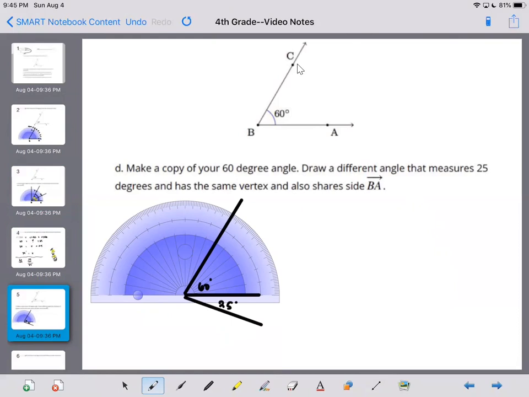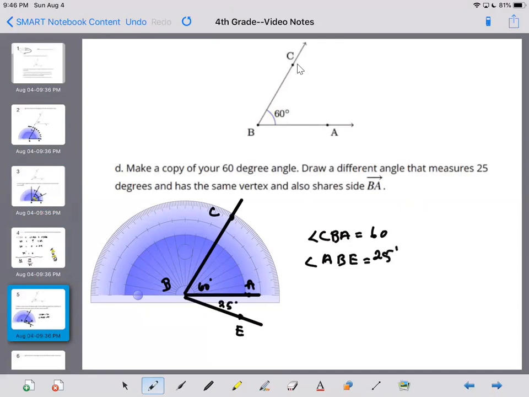So this would be C, B, and A. So angle CBA is equal to 60. And then we'll just add a point here, and we'll have angle ABE, and that's equal to 25.